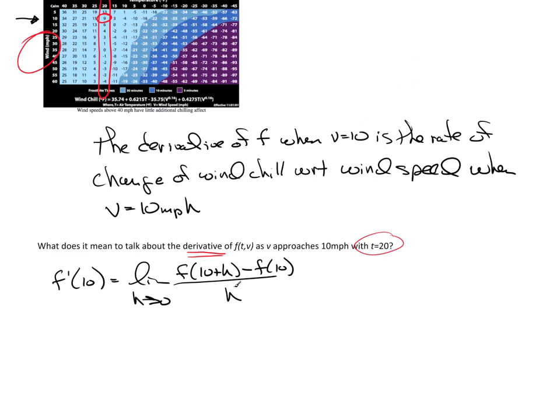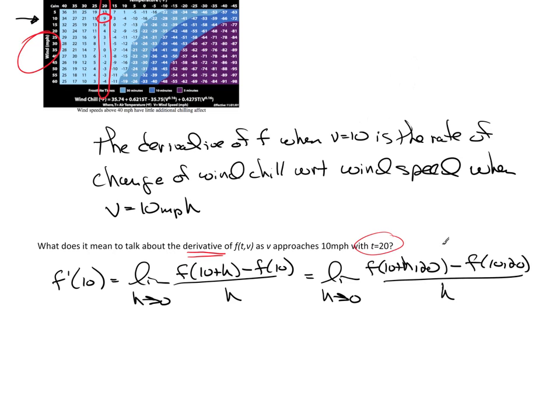But remember, f is actually a function of two variables. So this is really equal to the limit as h goes to 0 of f of 10 plus h, comma 20, there's my outside temperature that I fixed, minus f of 10, 20, divided by h.